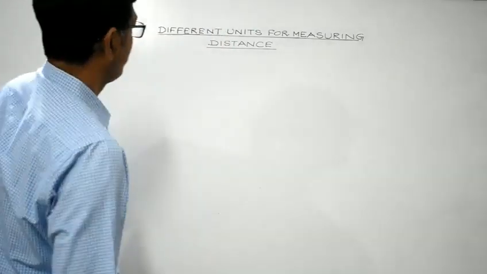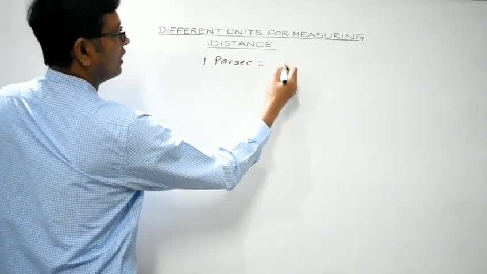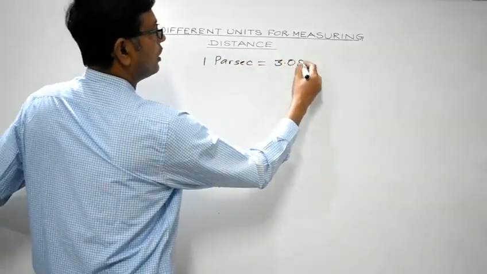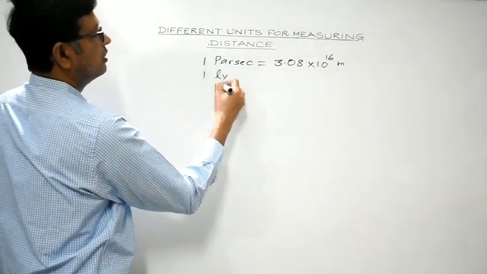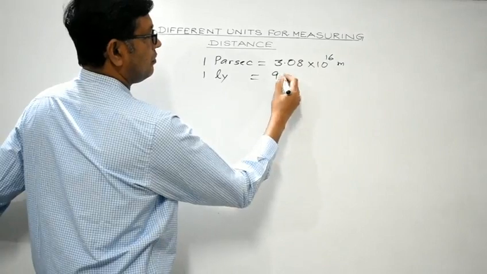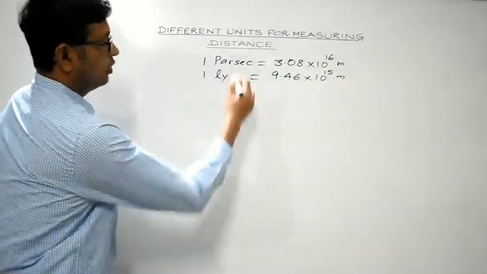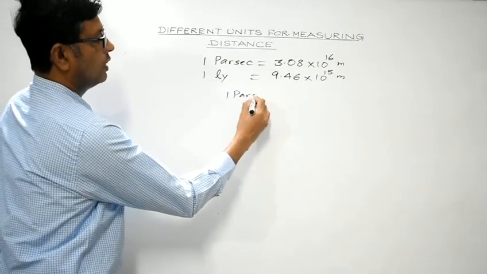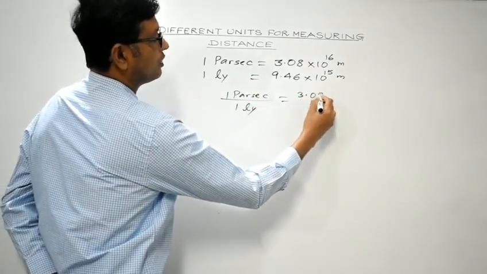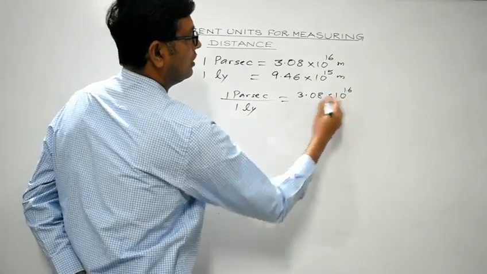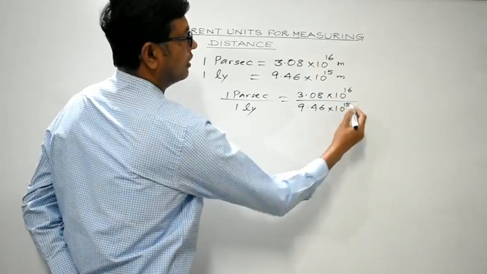Let's do it. 1 parsec, just now we have verified, is 3.08 into 10 raised to power 16 meters. 1 light year is 9.46 into 10 raised to power 15 meters. So if you divide these two, 1 parsec divided by 1 light year will be 3.08 into 10 raised to power 16 divided by 9.46 into 10 raised to power 15.